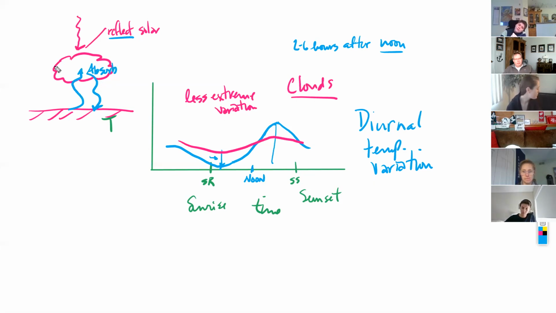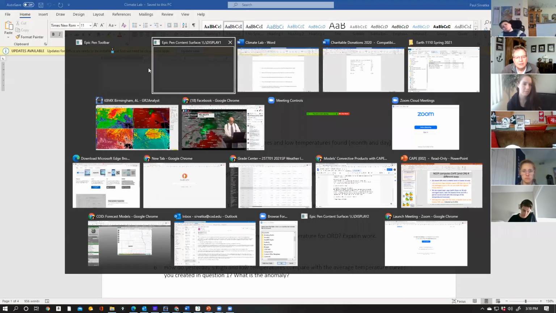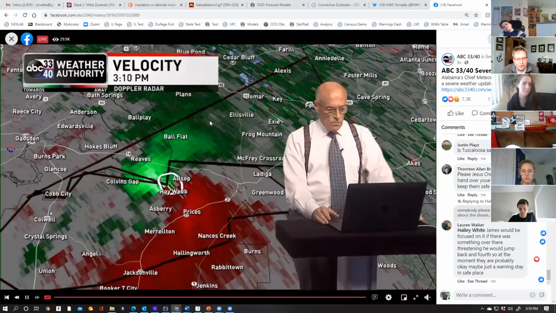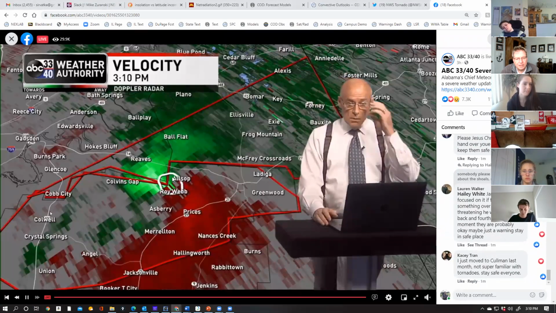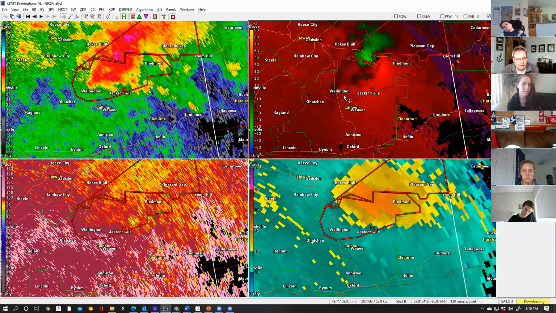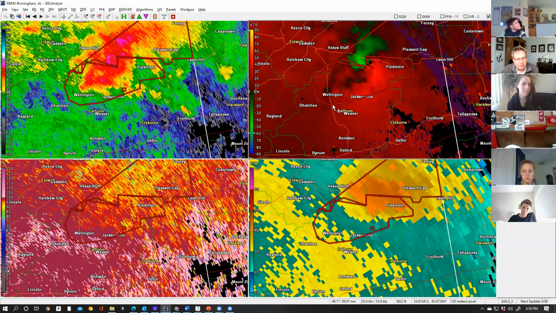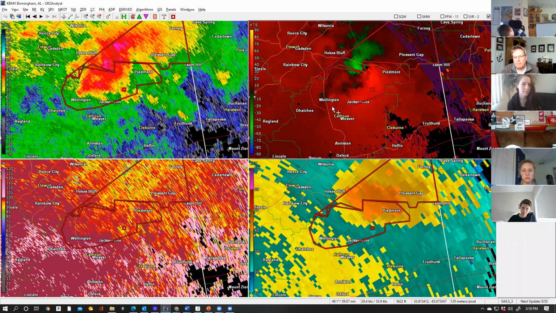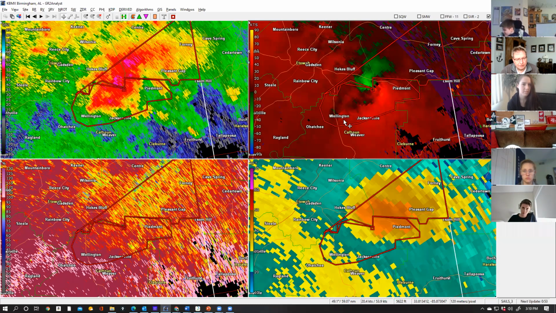So when we look at our temperature variation, watch this. Let's go here. Let's see what's going on, a storm. Uh-oh, it's about to hit there. Yeah, it's looking nasty right there.